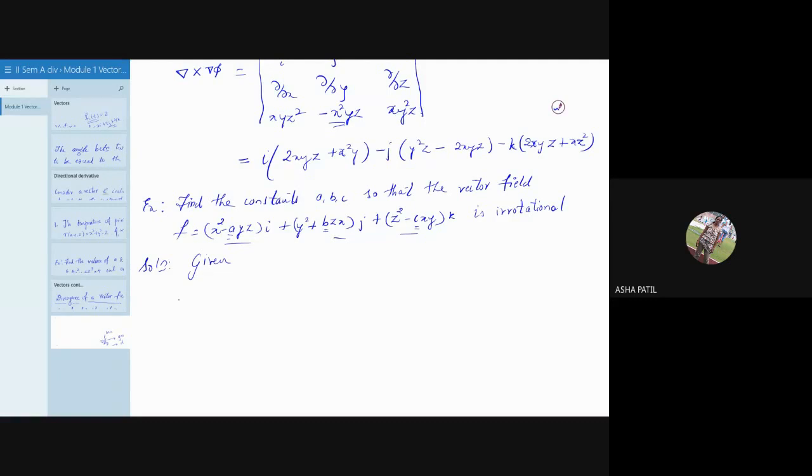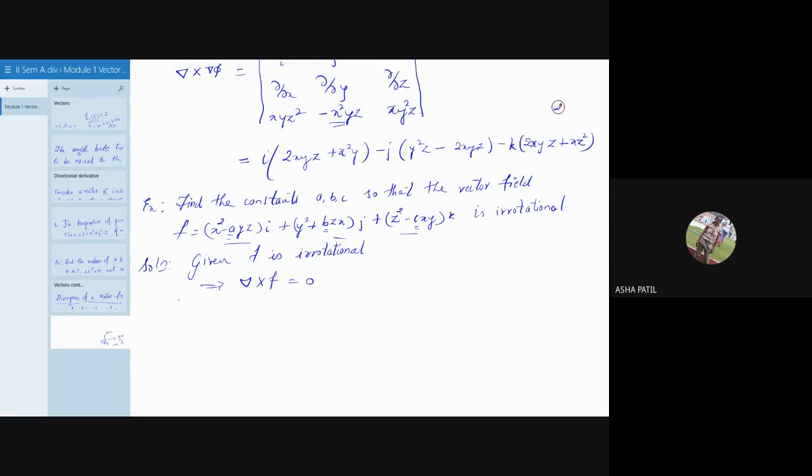Given F is irrotational. So this implies del cross F is equal to 0.